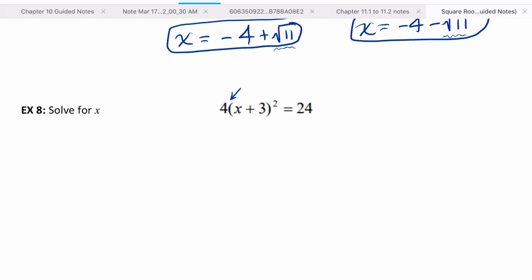I want to get rid of that 4. That's essentially the coefficient of that x plus 3 term that's squared. So we're going to do that by dividing. So divide both sides by 4. So the left side just becomes x plus 3 squared. The squared is still there. All we undid first was the 4.